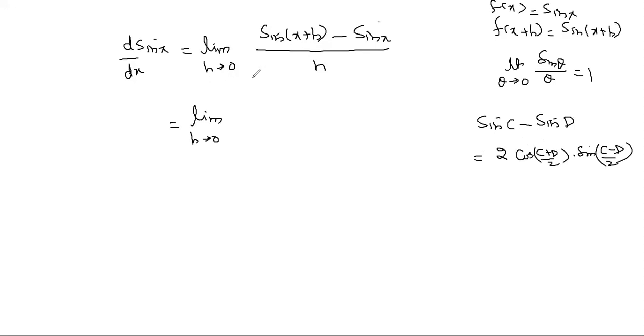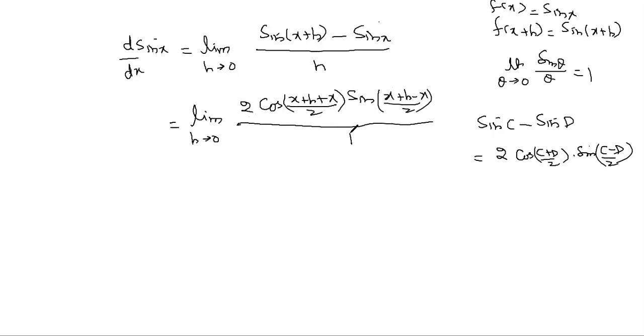So we can write 2 cos of (C plus D) by 2, that means (x plus h plus x) by 2, into sin of (x plus h minus x) divided by 2, whole divided by h.